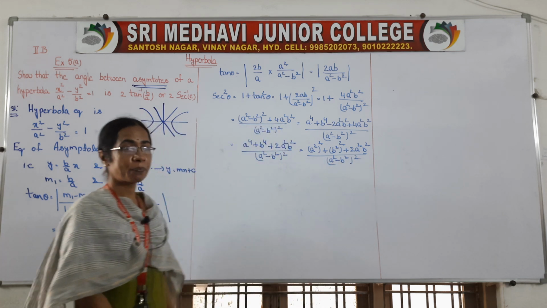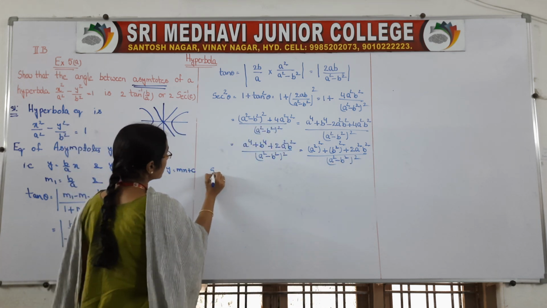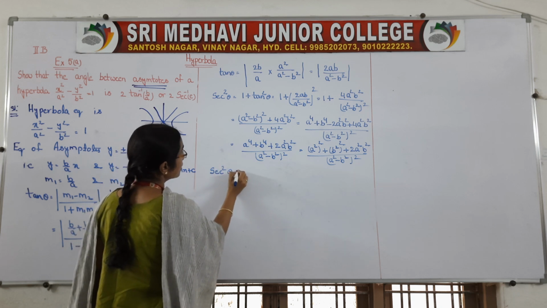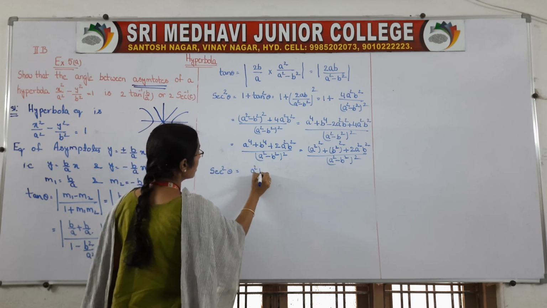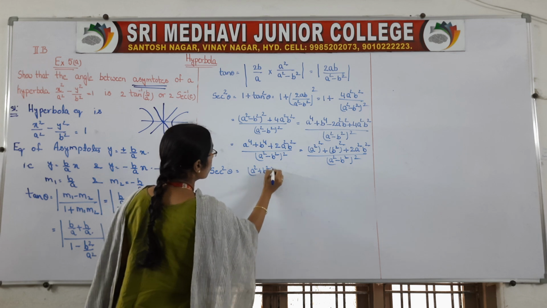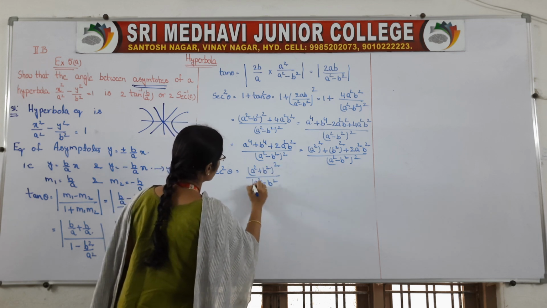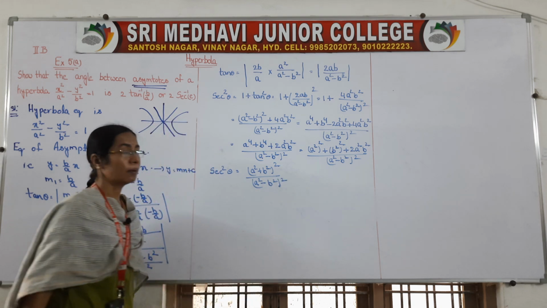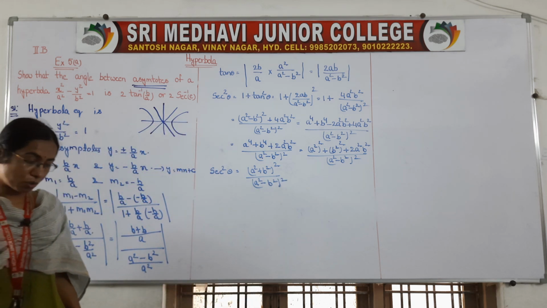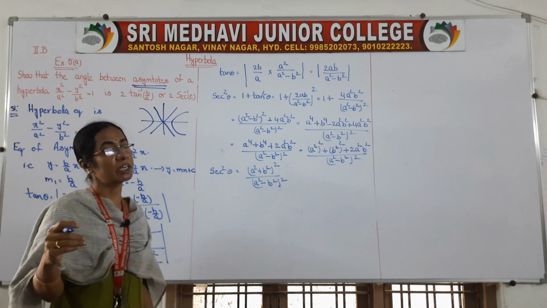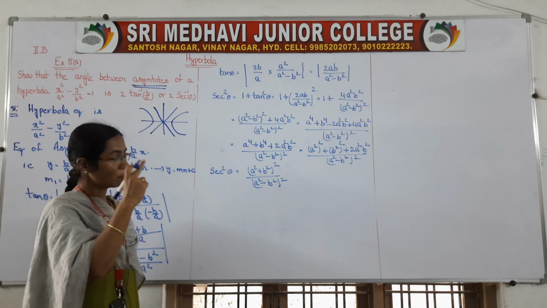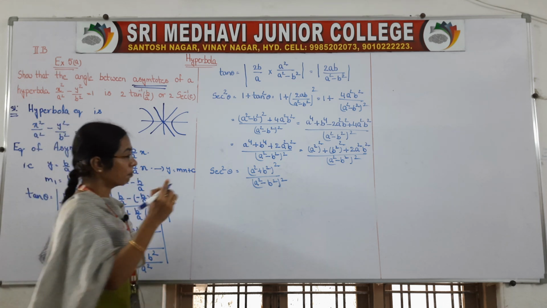Okay, so sec²θ is equal to (a² + b²)² by (a² − b²)². In a ratio, if numerator and denominator both have the same power, we can write it combined.